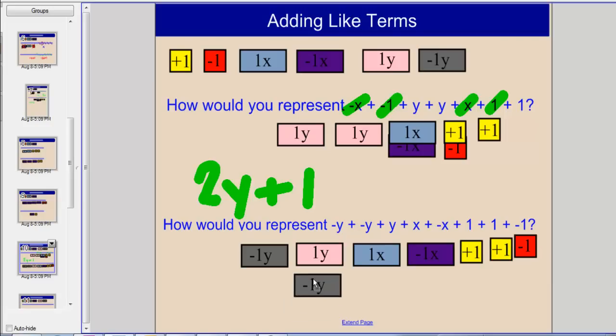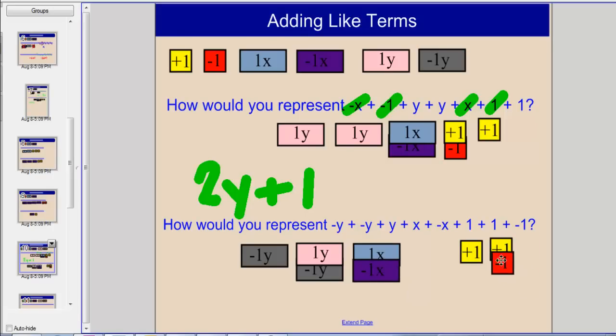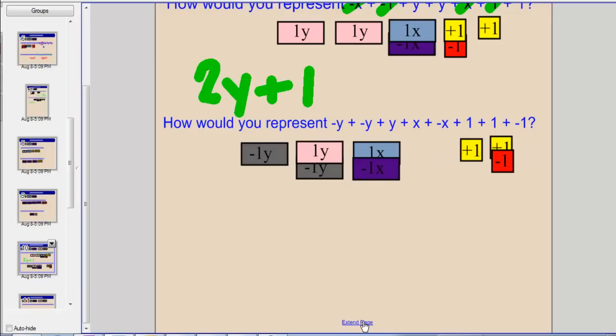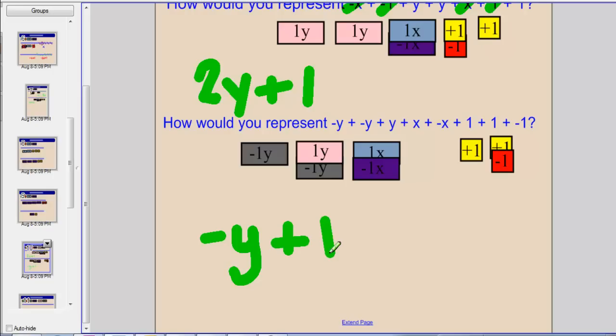So this negative y will cancel that positive, this negative x will cancel that positive, and this negative 1 will cancel that positive 1. And here we are left with what? If you're thinking we are left with a negative y and a 1 added together, you're correct. Again, let's look at the numbers. So negative y and y cancel, x and negative x cancel, and 1 and negative 1 cancel. And we're left with negative y plus 1.